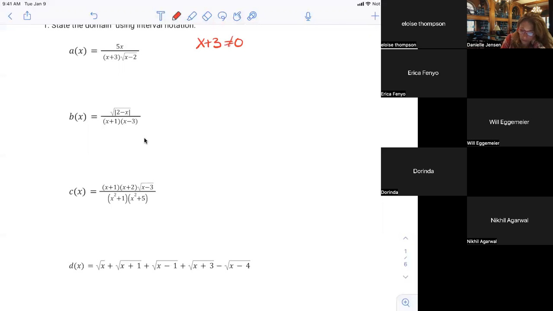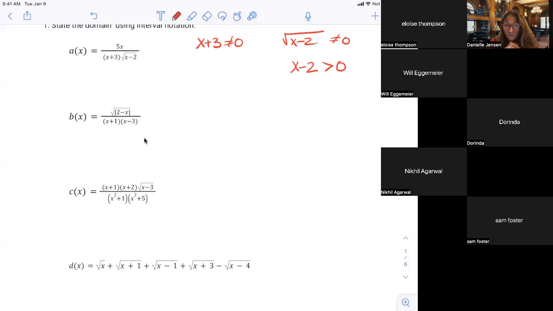And I also know that the square root of X minus 2 can't be 0. So the denominator can't be 0, but because I have a square root, what's under the square root also can't be 0, and it also has to be positive because I can't take the square root of a negative. When we're talking about domains, we're not talking about i, we're talking about real numbers.